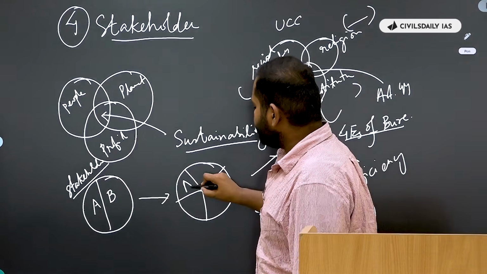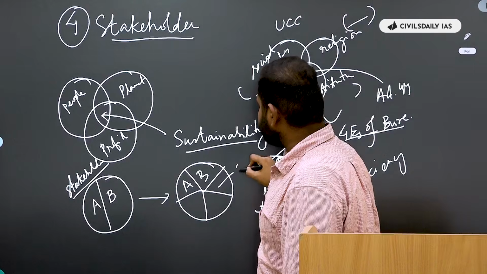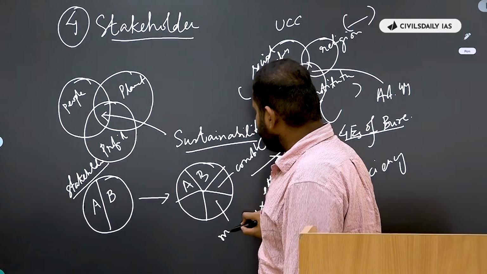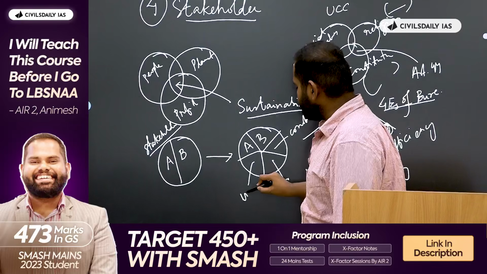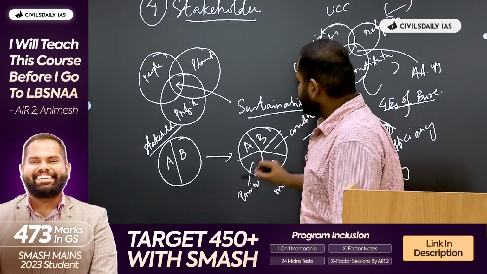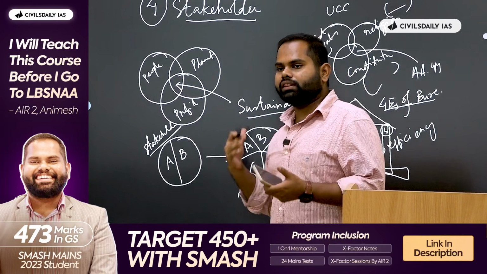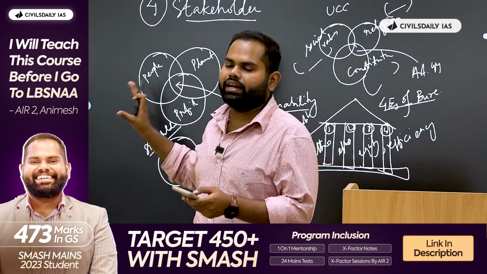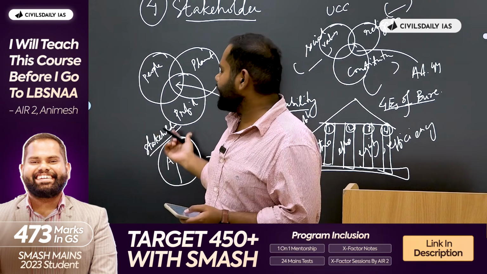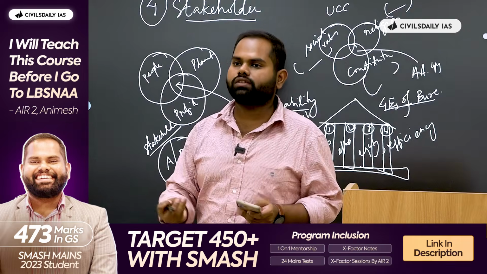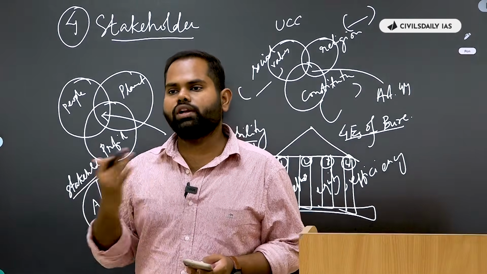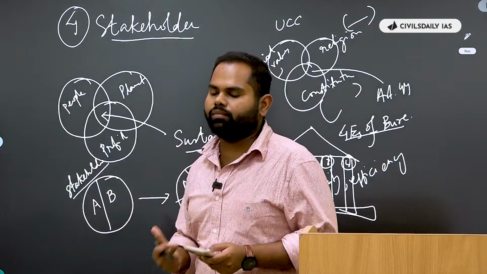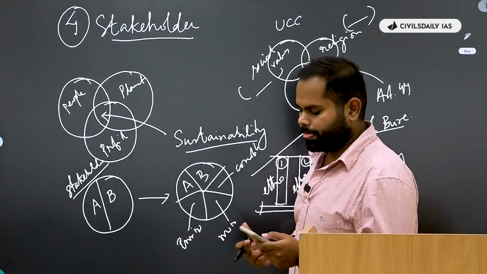So apart from A and B, you have the constitutional ideals, the morality, and you have to see environment as a concept here. To make that topic more holistic, you can use such stakeholder diagrams. I'm trying to tell you the philosophy of this diagram, so that you can mold it to whatever questions are possible, save your time and increase your creativity quotient.